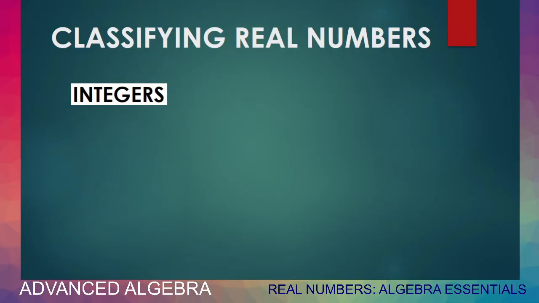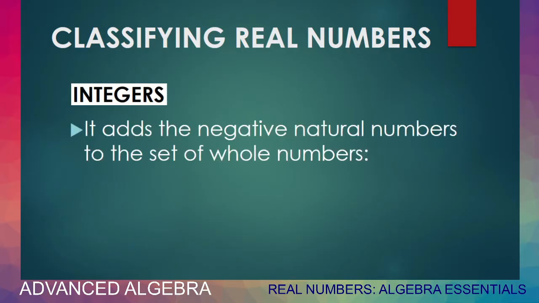Next, integers. So, it adds the negative natural numbers to the set of whole numbers. So, example, ellipsis, tapos negative 3, negative 2, negative 1, 0, 1, 2, 3. So, pag sinabi namang integers, kumbaga, parang whole number siya, then, nilagay lang natin yung inverse niya, yung reverse niya.